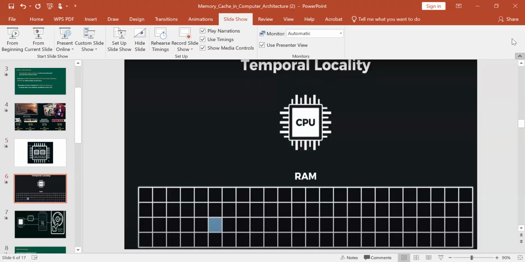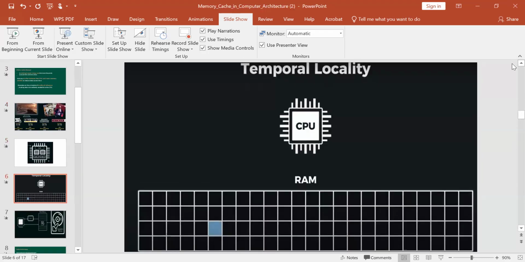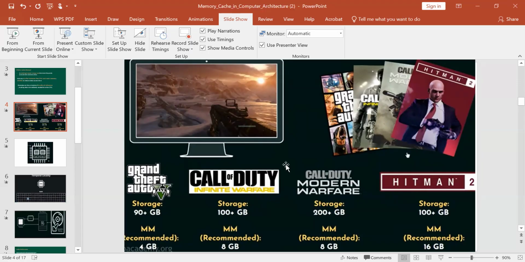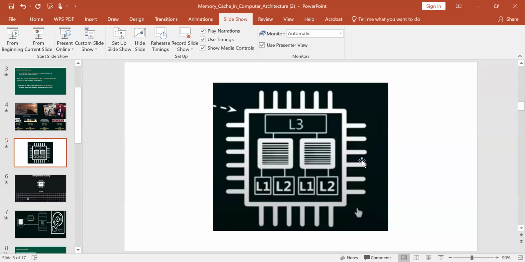What the cache does is to store smaller copies of the data which will be frequently used by these games or by any other high-end program. So it stores the frequently used data from the main memory location.